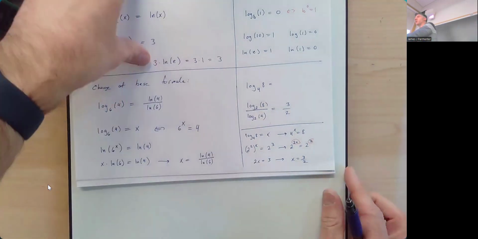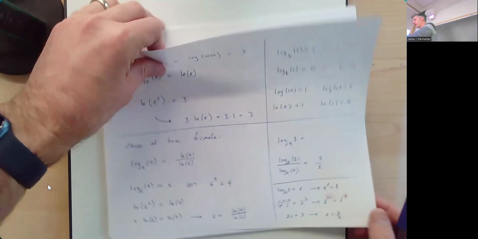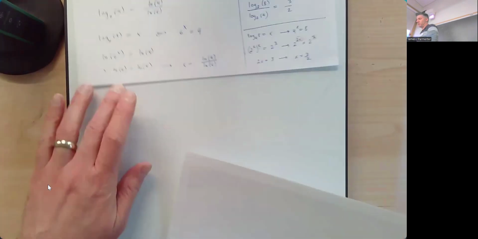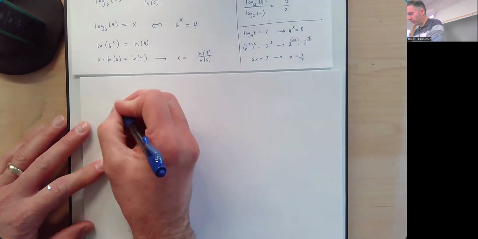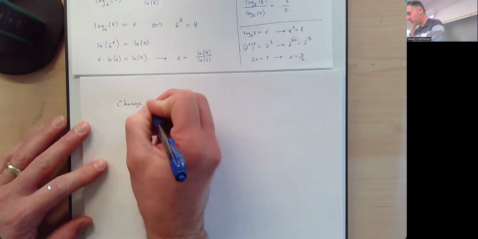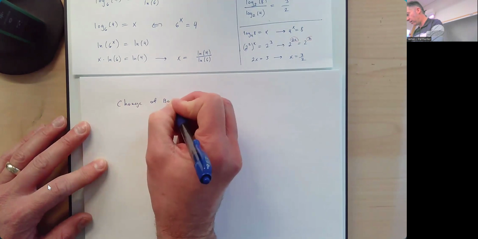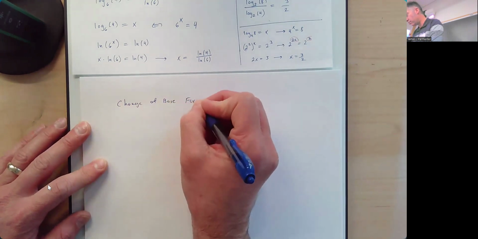Okay, let's write down the general change of base formula, and then we'll get into it. I mean, we're already in it, right? So, change of base formula. I would say there are 3 normal versions of this.